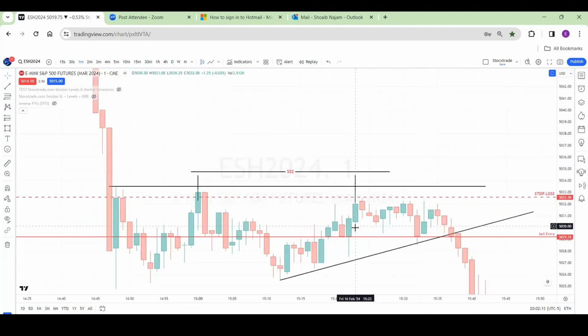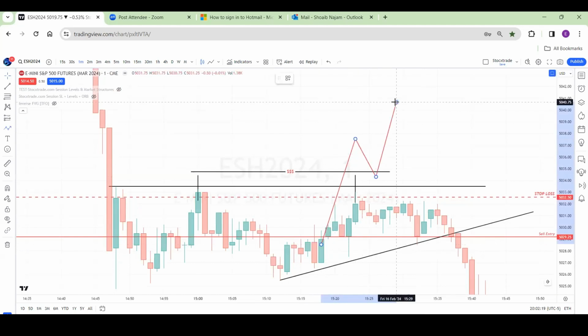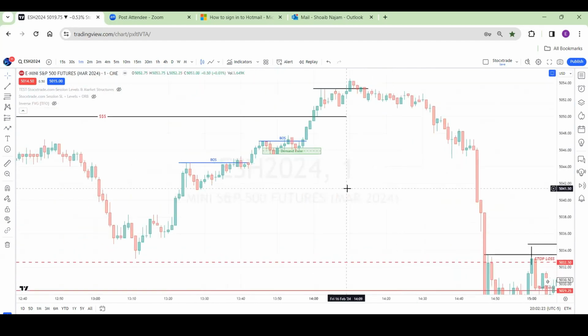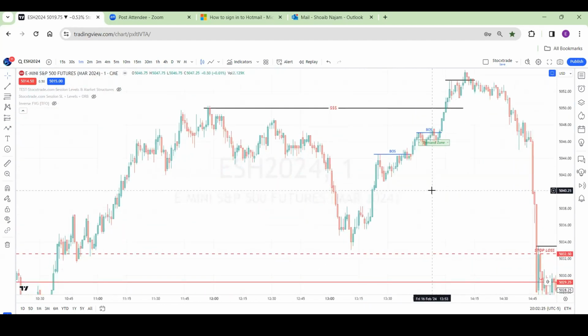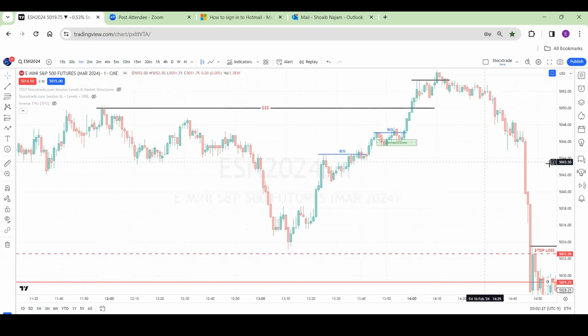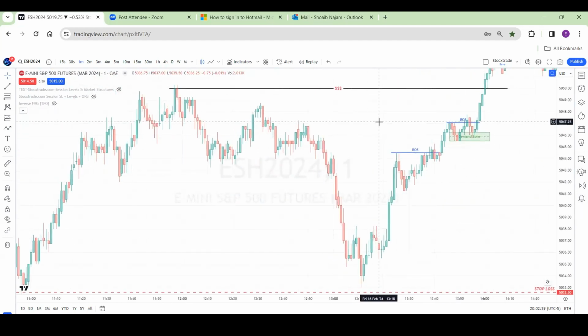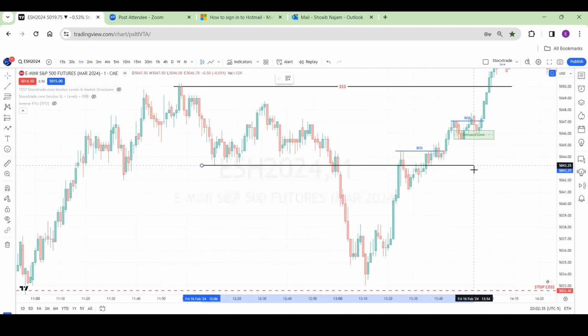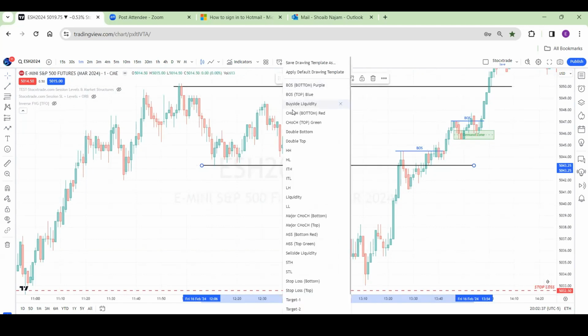So what the market makers will do, they will take the market up like this, rest and go up. And it happened today when we were in the trade. When we were in the trade, I told you that black line, you remember? I think that was our black line.